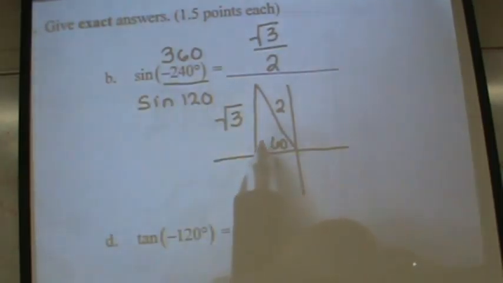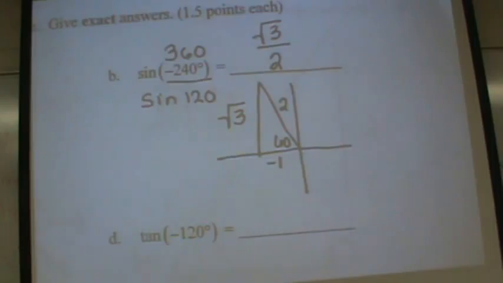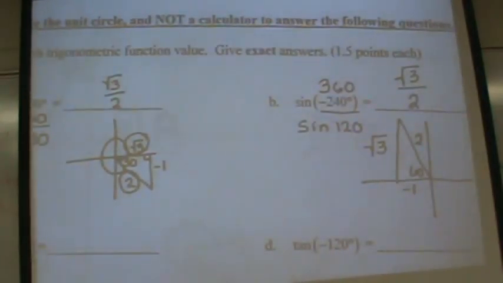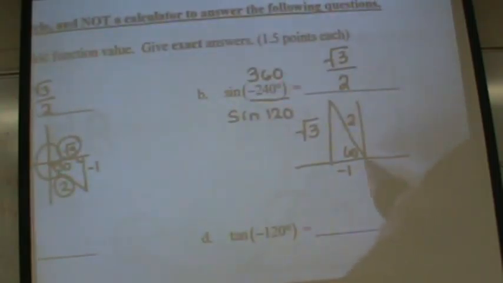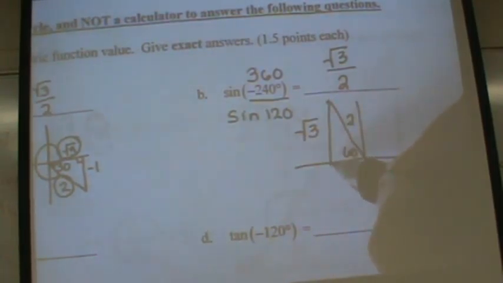Because in quadrant 2, the y value is positive. √3 over 2. How do you know which way to make the angle? It's always with the x-axis. You were in quadrant 2. You landed right here. You drop your line with the x-axis. You are making a triangle in reference to your x-axis.